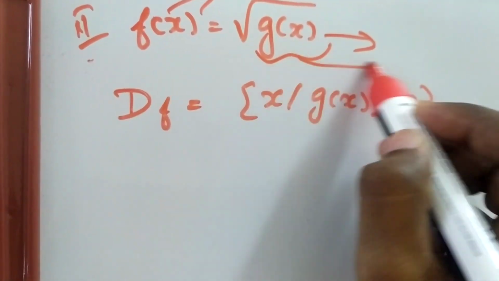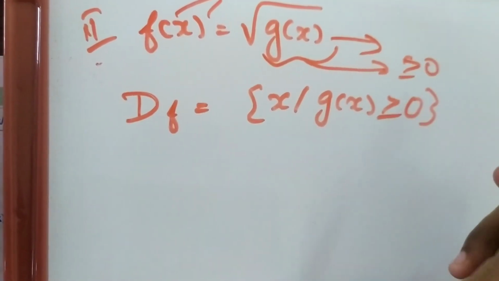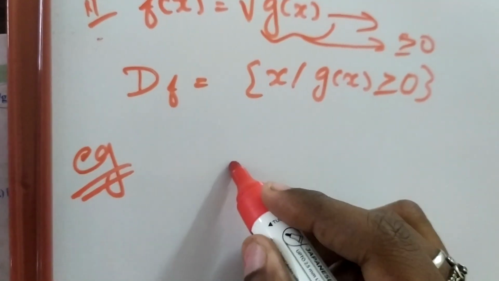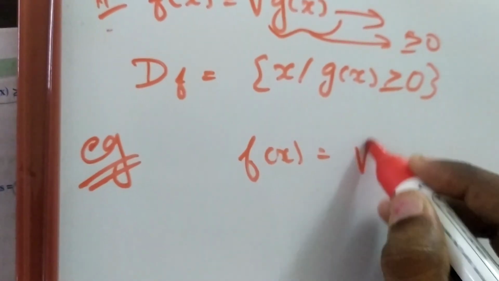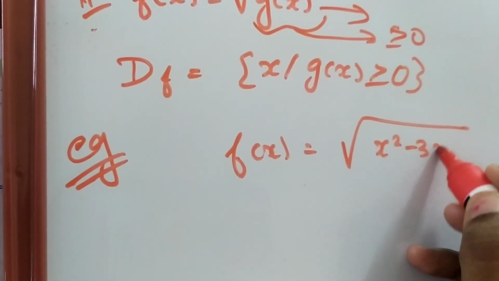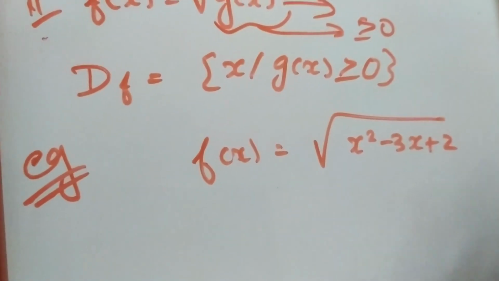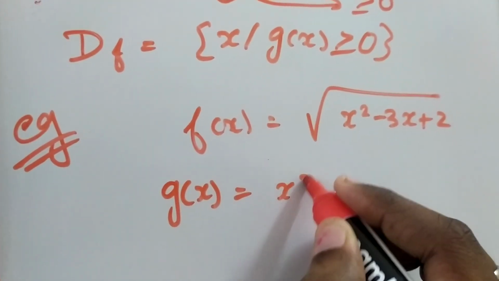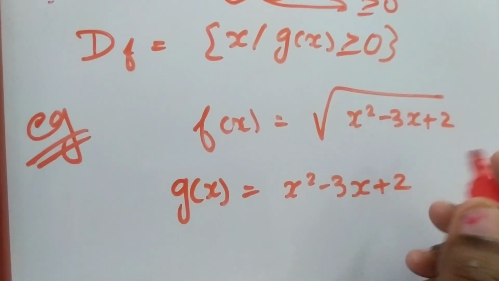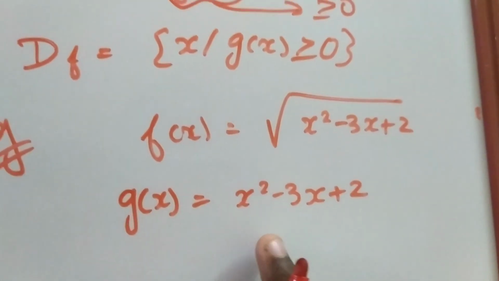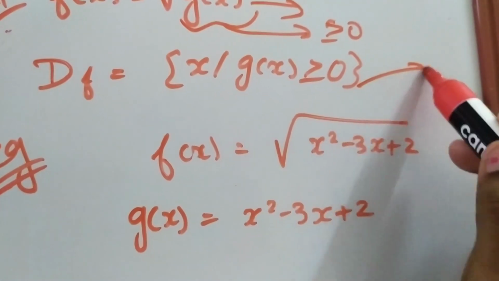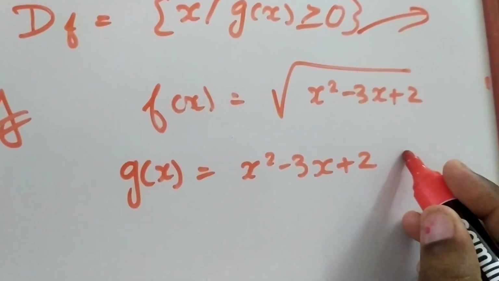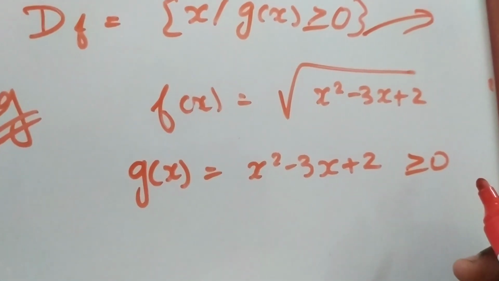For example, f of x is equal to root of x square minus 3x plus 2. Here the g of x value is x square minus 3x plus 2, and this value should be greater than or equal to 0.